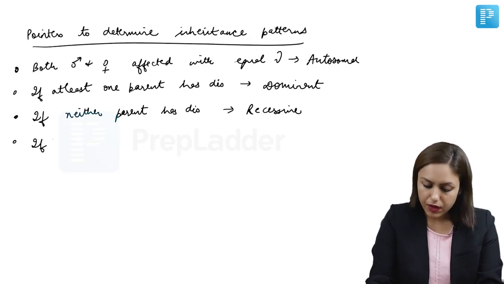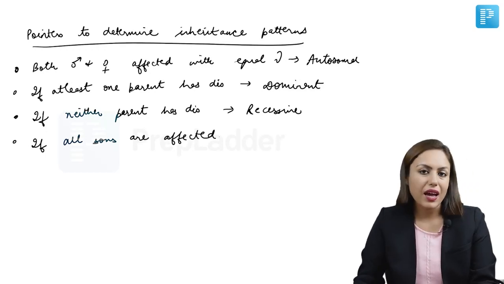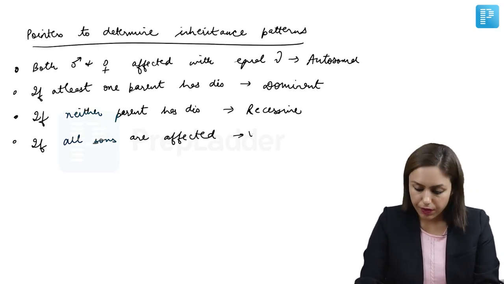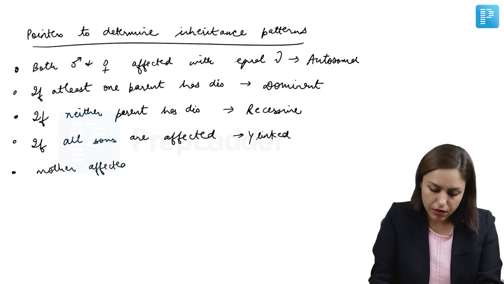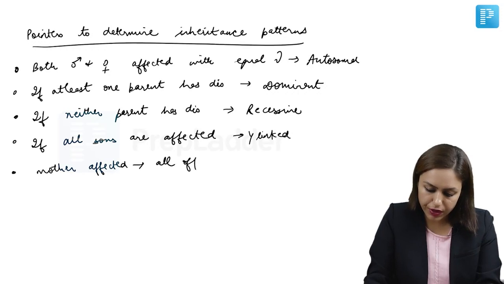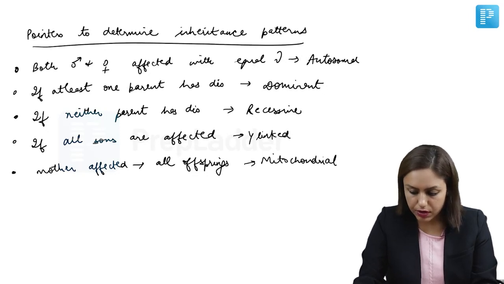If they say that father is affected and all sons are affected, then it is Y-linked inheritance. Then if they say mother affected and all offspring affected, that means it is mitochondrial inheritance, right?